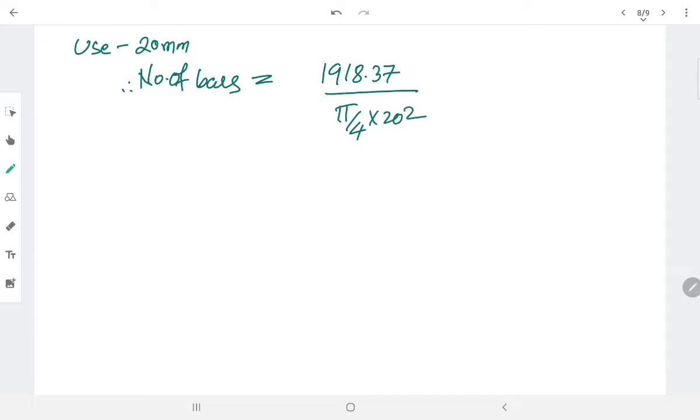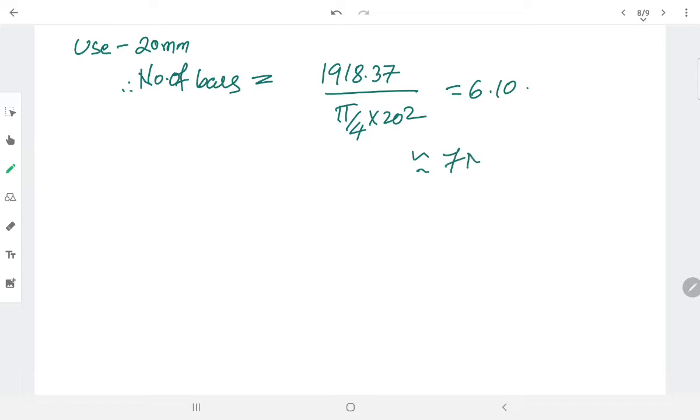When you calculate, you will get 6.10 bars.